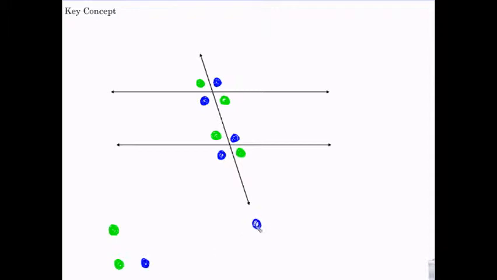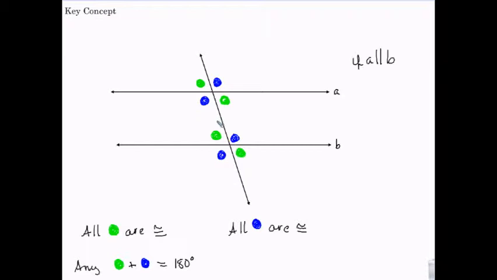So we have all green are congruent, and all blue are congruent, and any green plus any blue will equal 180. And that's if A is parallel to B. They have to be parallel. And again, to tell if they are or not, they should either say parallel somewhere, like A is parallel to B, or they'll have these triangles to indicate that they're parallel.